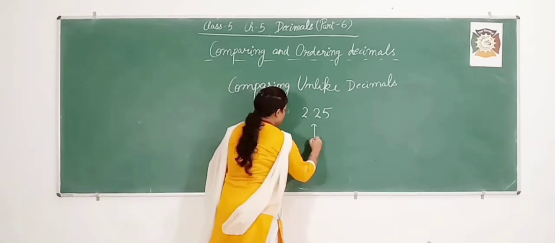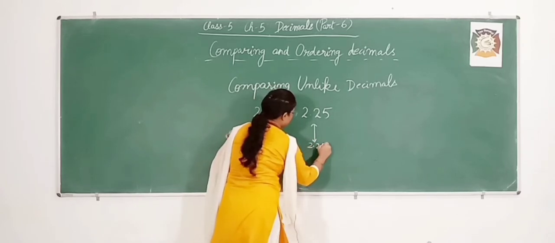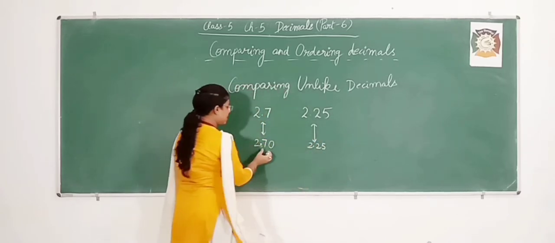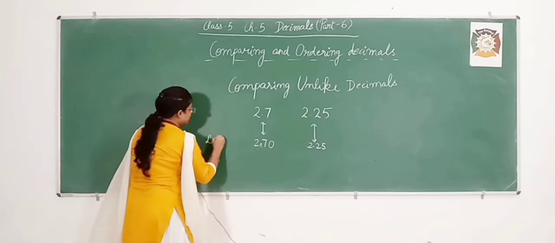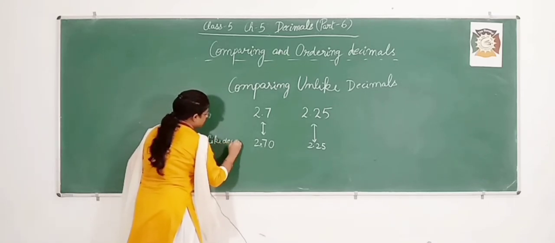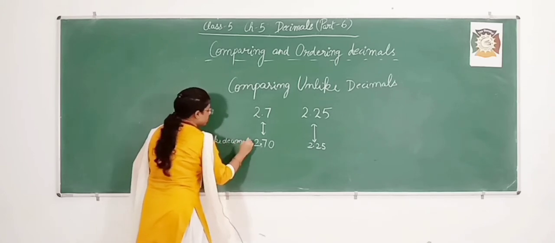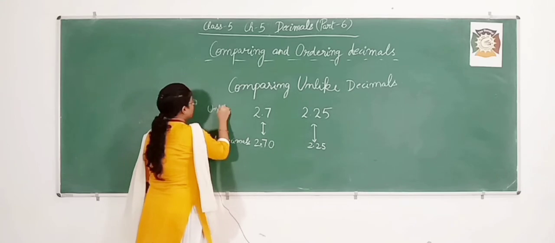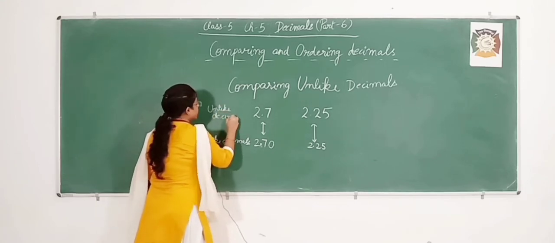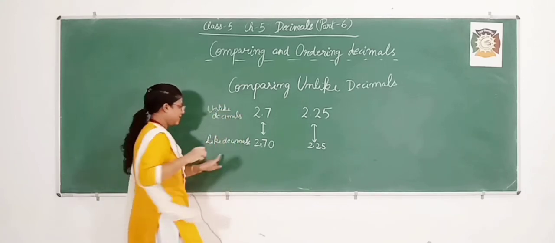Here you will not change it. Since the number of decimal places is 2, here we have made this 2.70. Now we have obtained like decimals from unlike decimals. The example that we were given was for unlike decimals. We have changed it into like decimals.